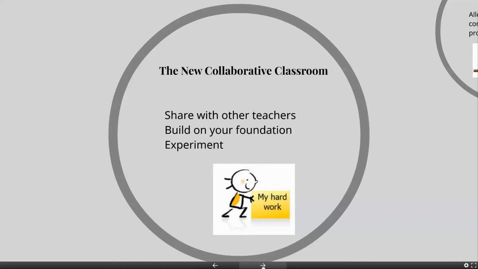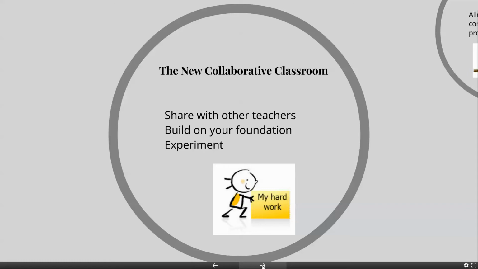It can be the new collaborative classroom for you. So instead of that file cabinet that you have in the back of your classroom, it's where you can share things with other teachers. You build your foundation and change it every year and experiment. You know, it doesn't have to be perfect the first year. Maybe it's just a simple shell the first year, and the next year you add to it and you add more things to it.